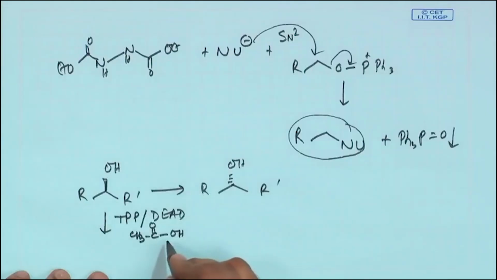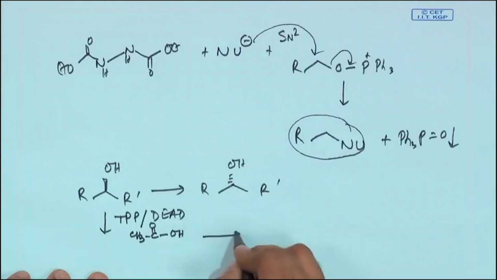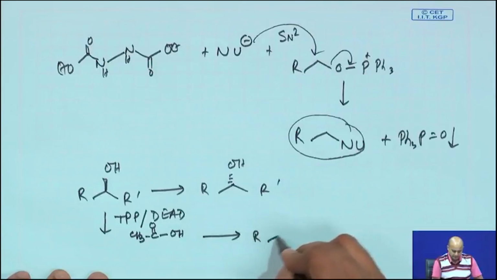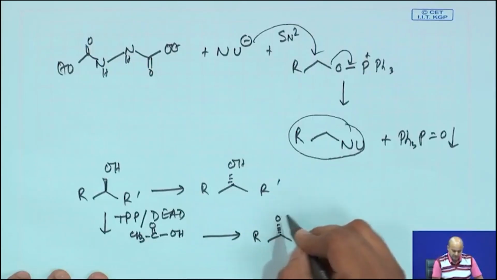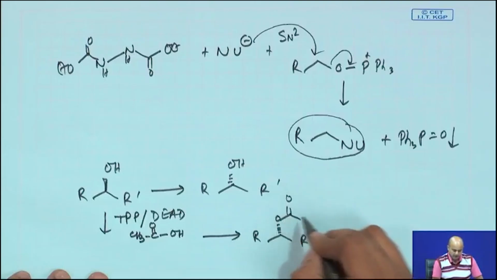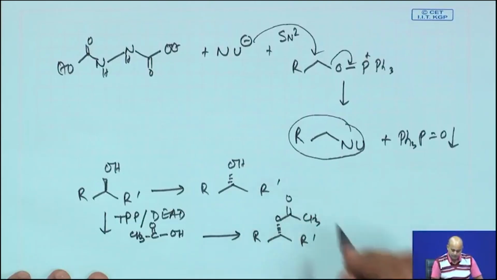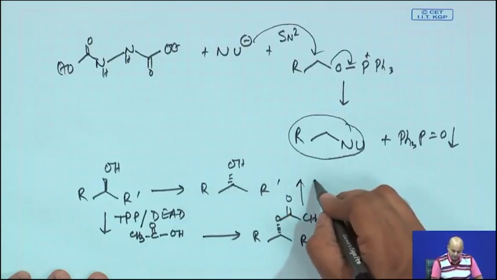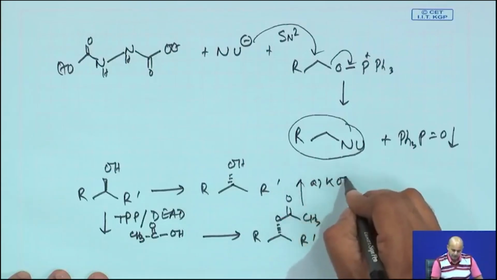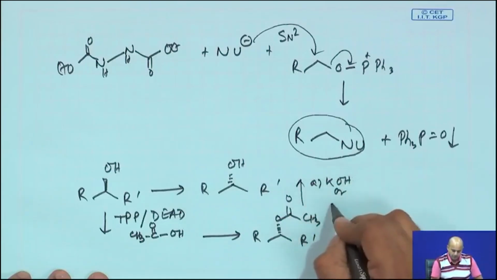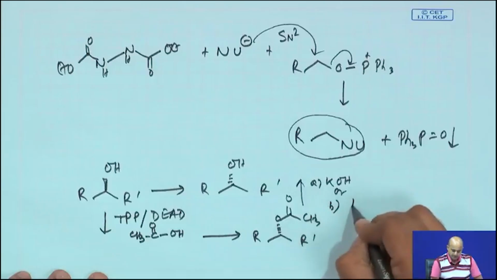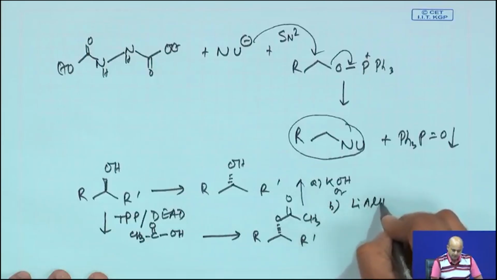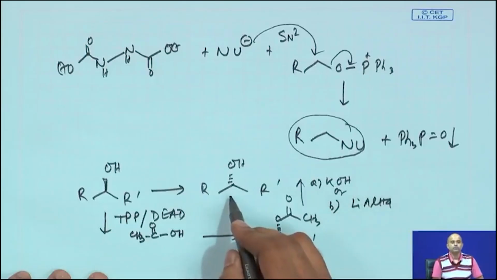If you take acetic acid or benzoic acid as a nucleophile, what you will get after the first inversion is an acetate here. So, acetate is acting as a nucleophile. Now, you just do an alkaline hydrolysis or you can do a reductive cleavage by lithium aluminum hydride, and you get your product here.